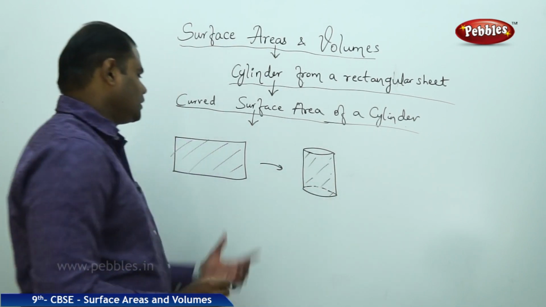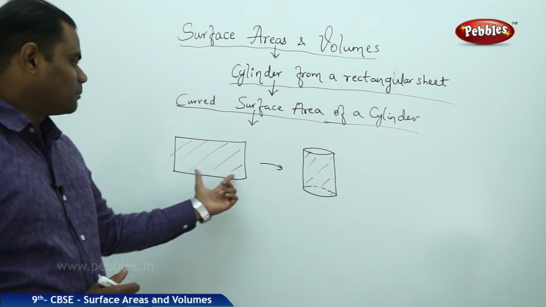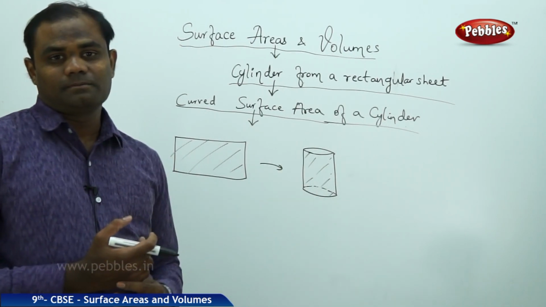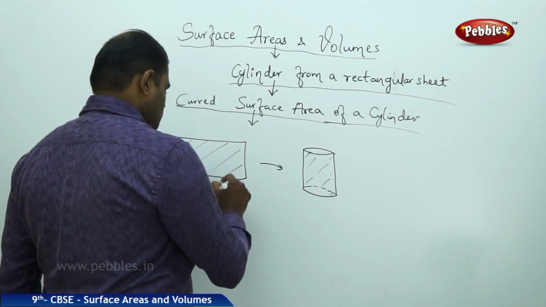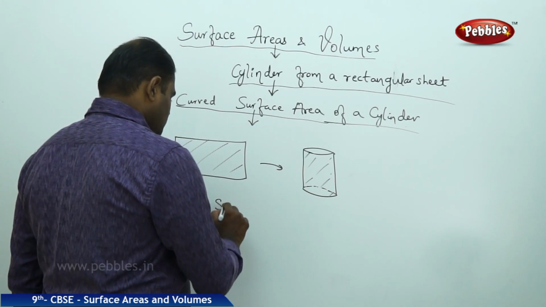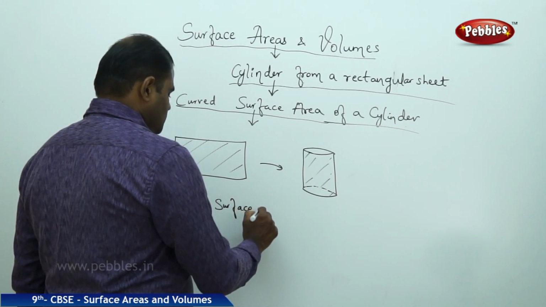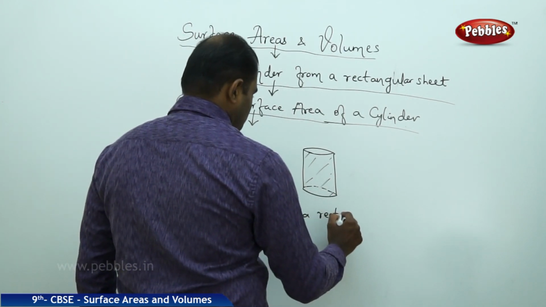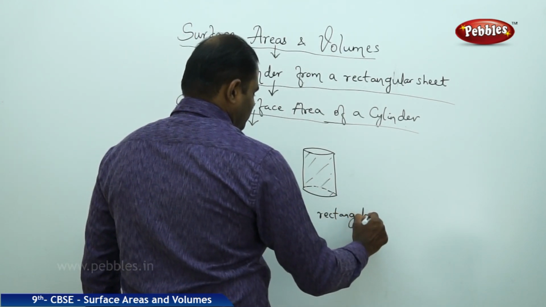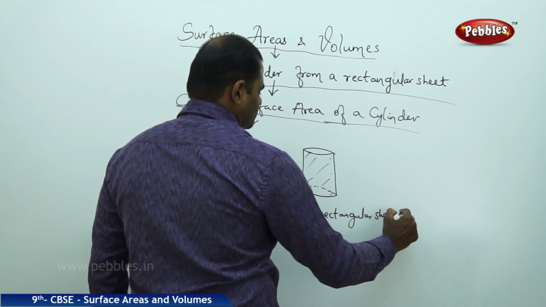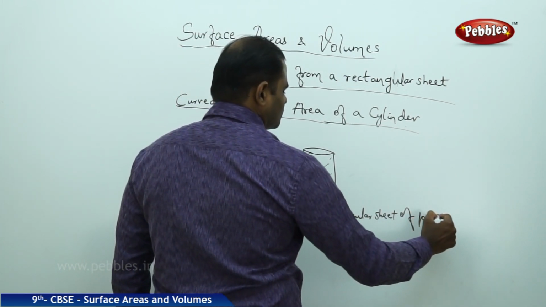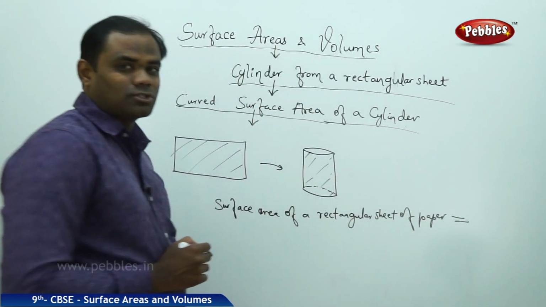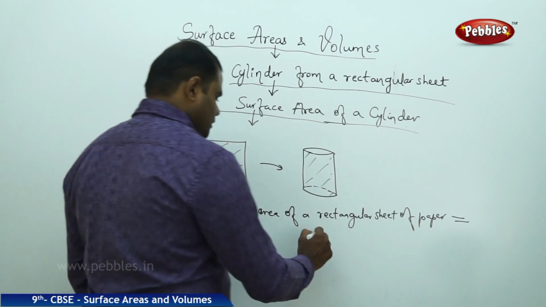This is how we understand the same sheet of paper occupying the same surface area when it forms a cylinder. So therefore, we identify that the surface area of a rectangular sheet of paper is equal to the curved surface area of a cylinder.